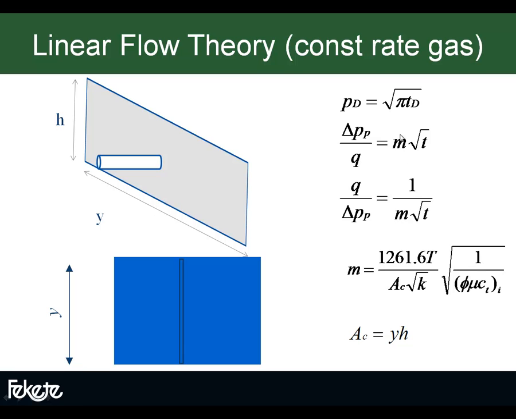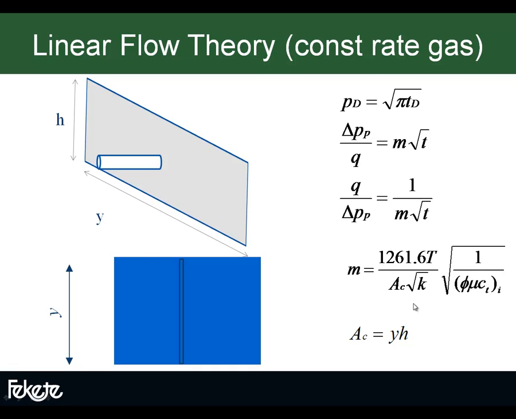The m in both of these equations is a function of the A c root k, which is that characteristic parameter related to the total fracture area and square root of permeability product. And that's really going to be the driver of the productivity of all of these unconventional fractured wells.